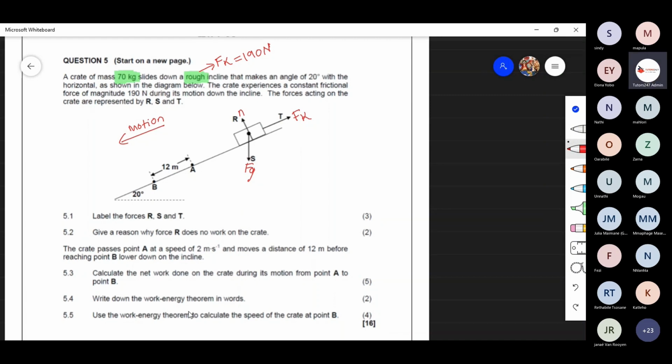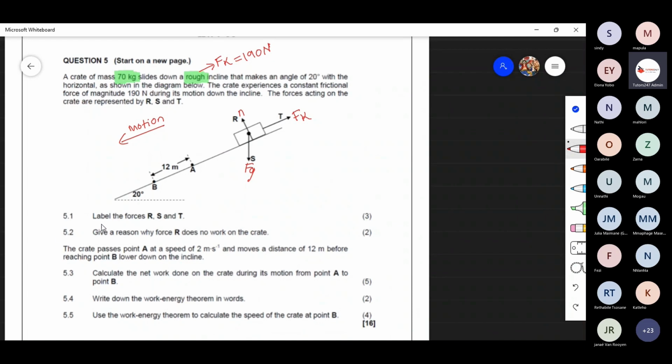So it goes back to what we mentioned in our first session 2 weeks back. Why do we have 0 work? We have 0 work because the angle between our force and displacement is 90 degrees.